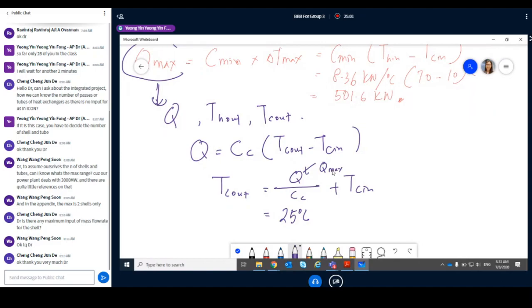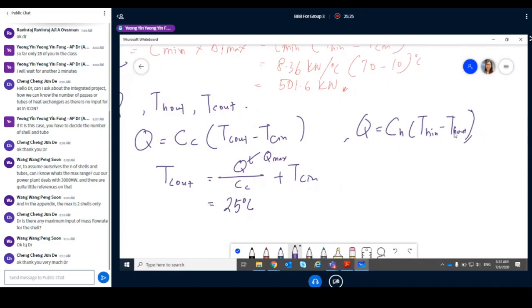Similarly, Q equals CH times TH in minus TH out. I hope you will not be confused about which one is in and which one is out. The hot stream is being cooled down, so of course the inlet will be higher than the outlet.